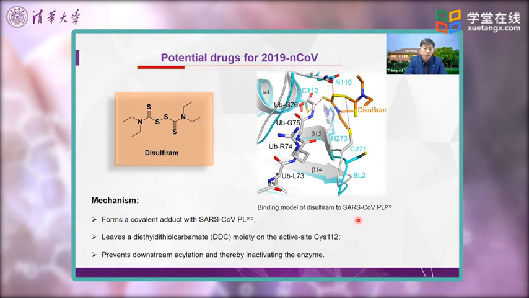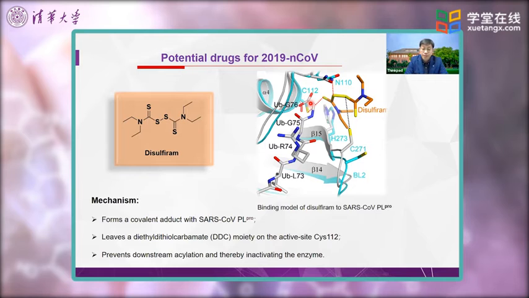First, let's look at disulfiram. The structure is relatively simple, and on the right part, we can see the binding mode of disulfiram to SARS coronavirus PL protease. We see here, it can form a covalent adduct with the PL protease. It will form a diethyldithiocarbamate moiety on the active site cysteine here.